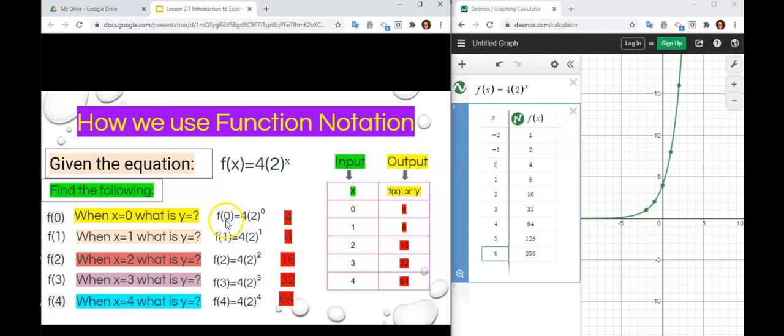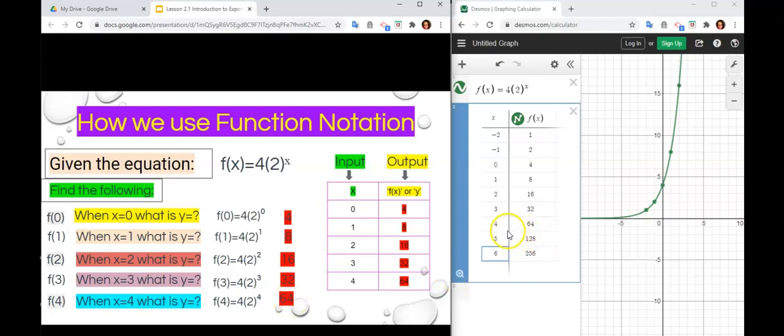So I input my x values and I get an output of my y values. I input 1 into this equation and got an output of 8. When I input 2, I got an output of 16. When I input 3, I got an output of 32. When I input 4, I got an output of 64.